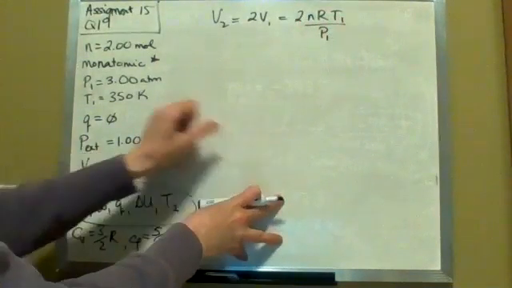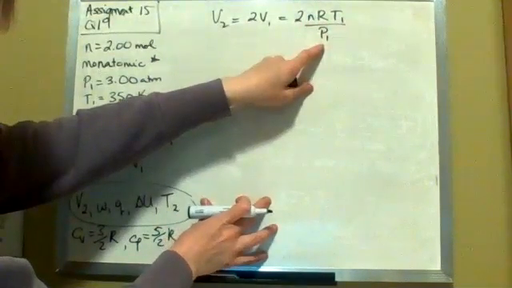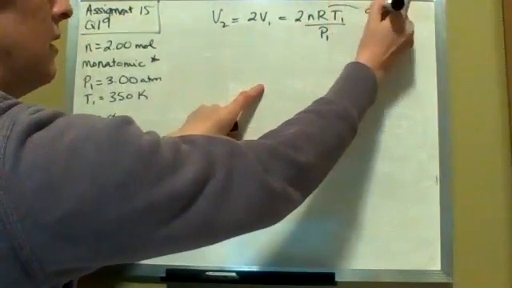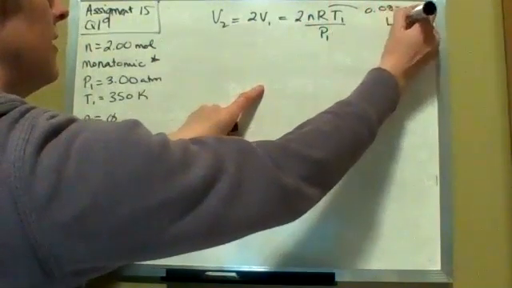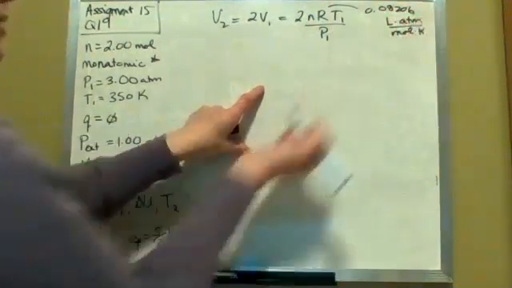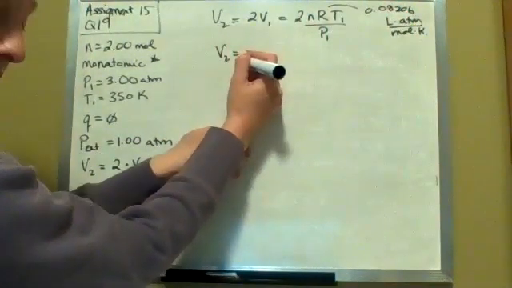So if we are in atmospheres for our pressure, and you want to keep it in atmospheres, which is perfectly fine as well, then you're going to be using 0.08206 liter atmospheres per mole Kelvin. That's just telling you what volume unit you're going to have in the end.